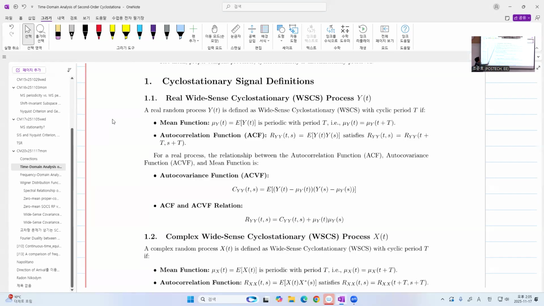So Y-sense cyclostationarity, defined in terms of the mean function and the autocorrelation function, is enough. And as we know, sometimes we only need the mean function and autocovariance function because we have such a very simple relation.